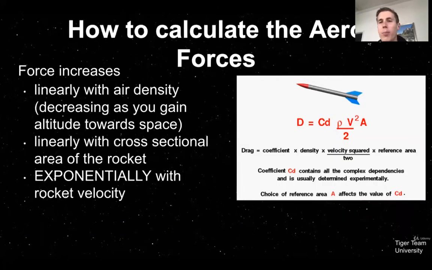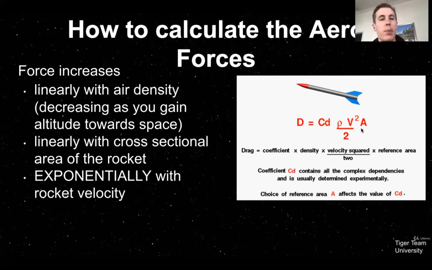So I'll give a brief introduction here on how to calculate the aerodynamic forces. It's this equation on the right: the drag force, D, is equal to the coefficient of drag, CD, times the air density, times the velocity of the object squared, and times the cross-sectional or reference area.